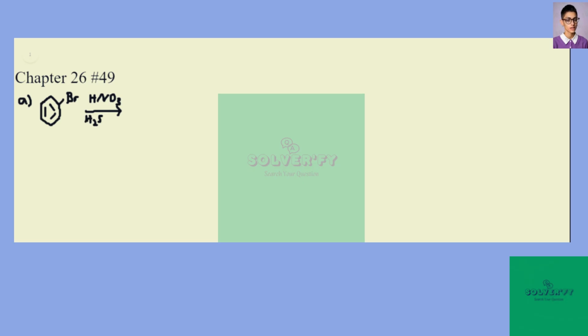And the first thing to do would be to nitrate the bromobenzene. And so nitric acid and concentrated sulfuric acid is going to give us the nitration product.